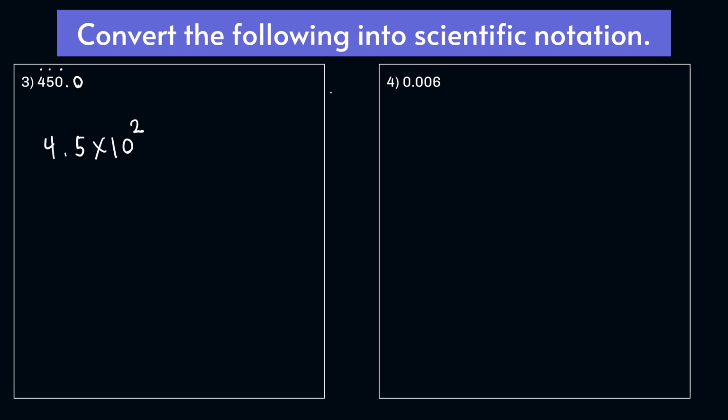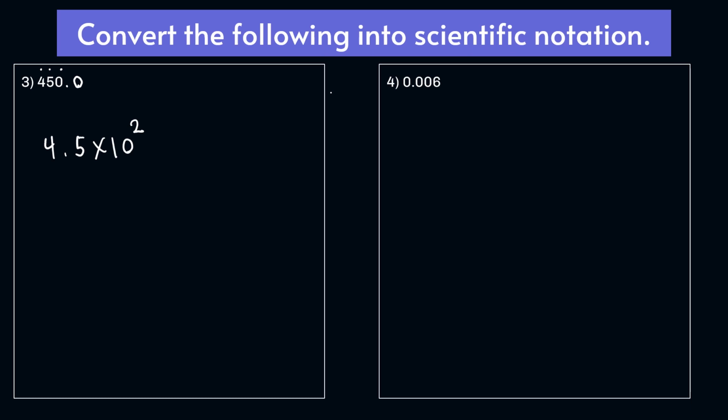My last example here for scientific notation is going to be 0.006. This number is less than 1, so we're going to follow the rules for less than 1. That means we're going to count to the first non-zero numeral, and that is going to be my exponent, and my exponent is going to be negative.